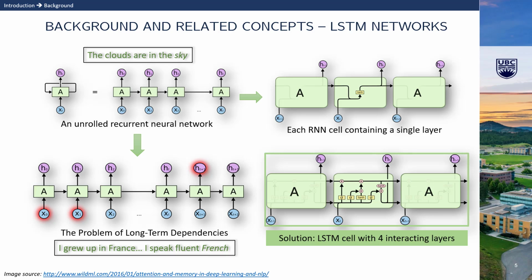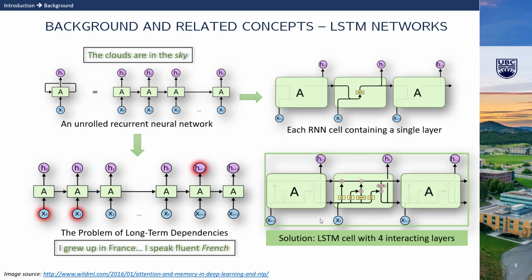It's entirely possible for the gap between the relevant information and the point where it is needed to become very, very large. Unfortunately, as the gap grows, RNNs become unable to learn to connect the information. In standard RNNs, these repeating modules have a very simple structure, such as a single tanh layer.